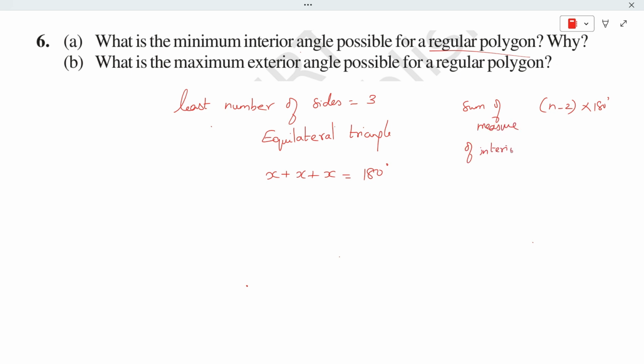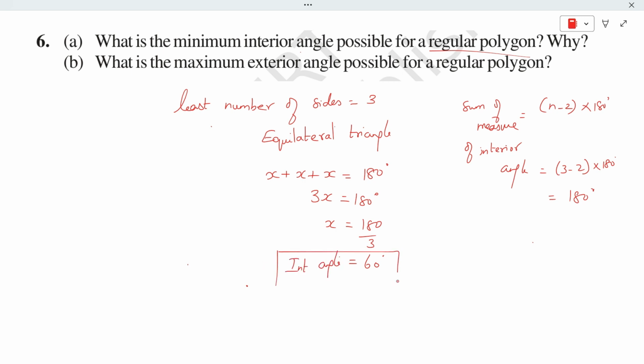So if the number of sides is 3, then (3 minus 2) into 180 is 1 into 180. That's why the sum of the interior angles of a triangle is 180 degrees, isn't it? So 3x equals 180, so x equals 180 by 3, which is 60 degrees. So the minimum interior angle for a regular polygon is going to be 60 degrees.